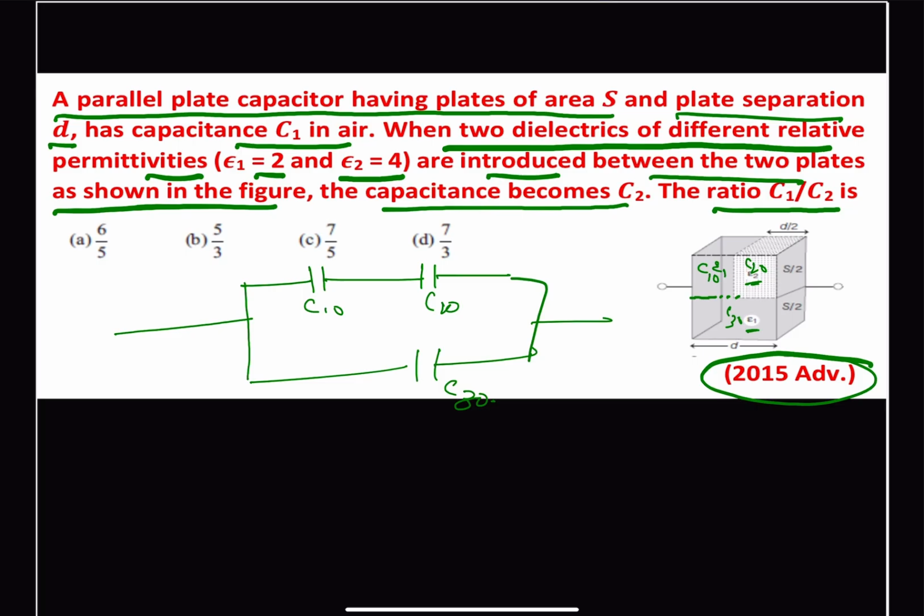Now we can just easily find out the capacitances. So we can say our C10 will be equal to the dielectric constant E1, which is given as 2, so this comes as 2 epsilon naught, and the area is S by 2, and the distance is D by 2.